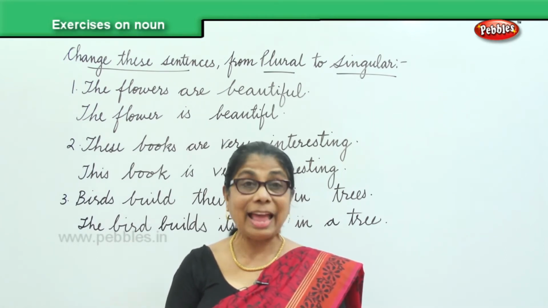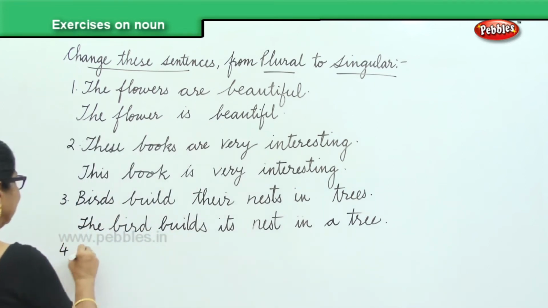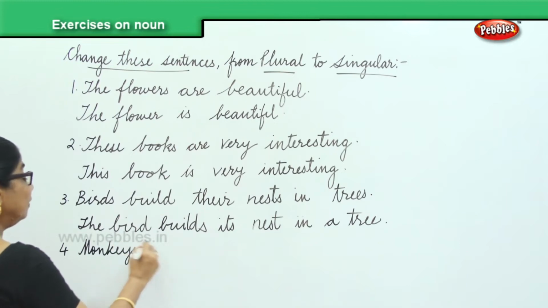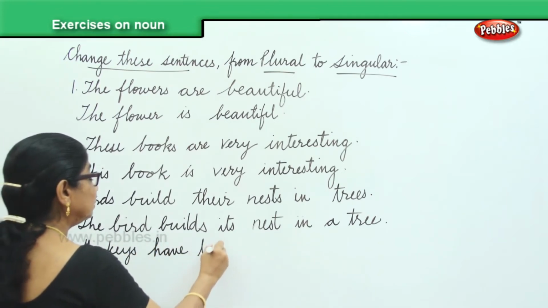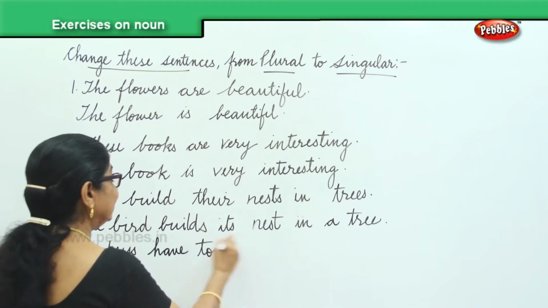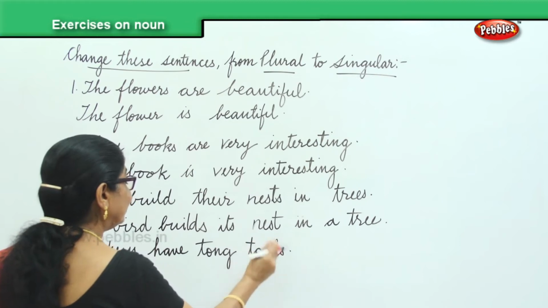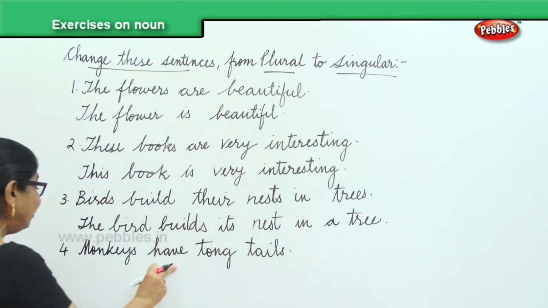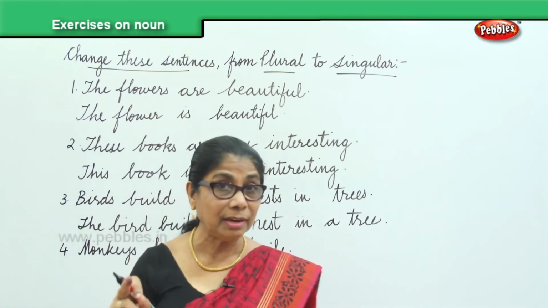Okay? And then finally I have one more sentence for you. Monkeys have long tails. You have tails here, have here, monkeys here, a lot of changes. So what will you say in singular?